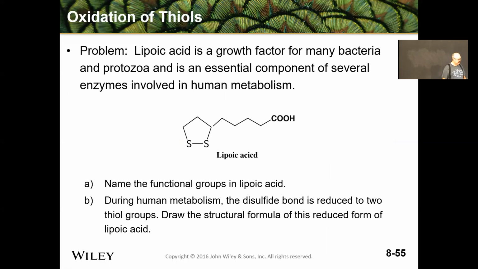The functional groups present in lipoic acid are a carboxylic acid and a disulfide. During human metabolism, the disulfide bond is reduced to two thiol groups. So what would happen here? The ring would open.